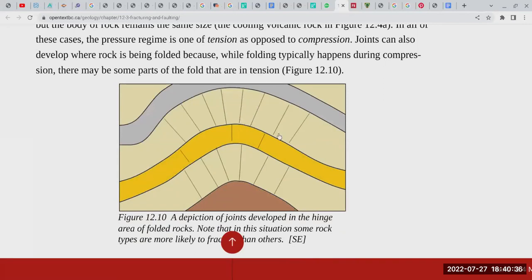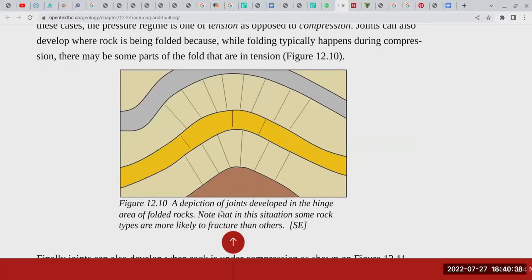That's what it is talking about: a depiction of joints developed in the hinge area of folded rocks. Note that in this situation, some rock types are more likely to fracture than others. So you can have a fold, and within the fold you have these fractures.